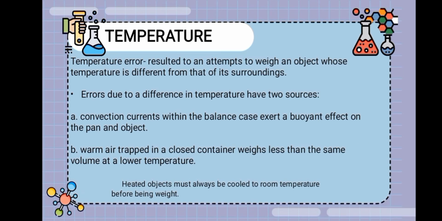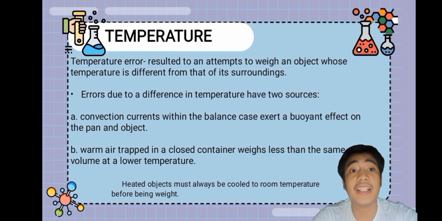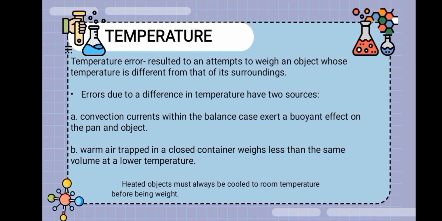Hot air is therefore less dense than cold air. Both effects cause the apparent mass of the object to be low. Therefore, a heated object must always be cooled to room temperature before being weighed.